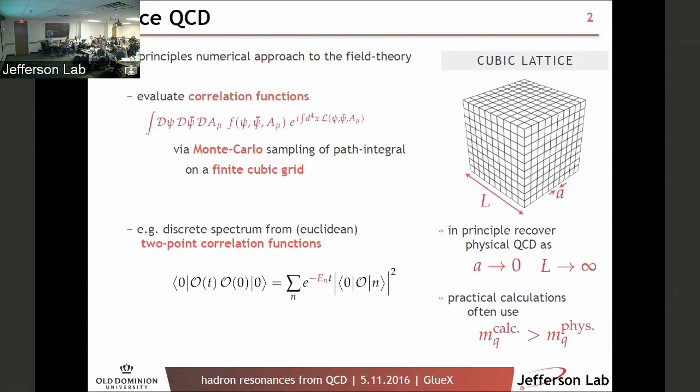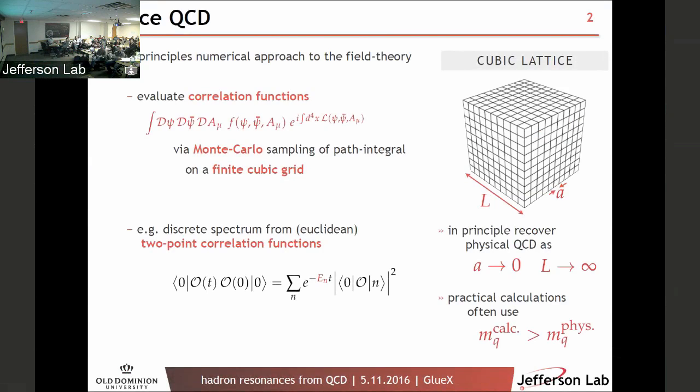The relatively easy things to compute are what we call two-point correlation functions. The idea is you start with a vacuum, and then you act at some initial time with some quantum operator, a combination of the quark and gluon fields of the theory, anything you like. You construct it to have the quantum numbers of some hadron that you're interested in. If you're interested in the pion with its pseudoscalar quantum numbers, then psi-bar gamma 5 psi transforms like 0 minus plus.